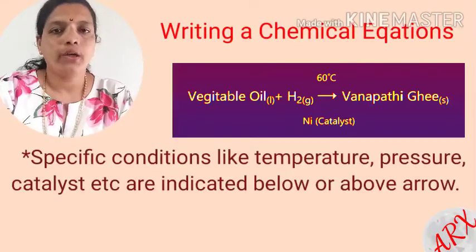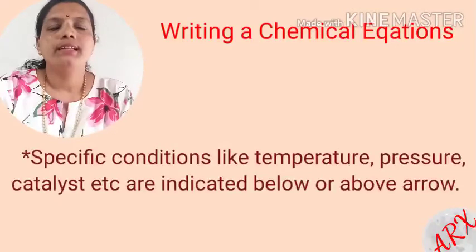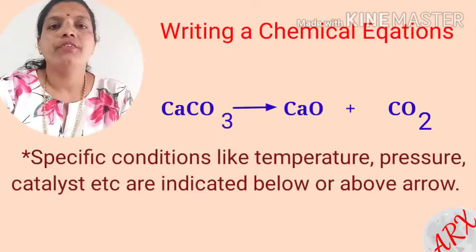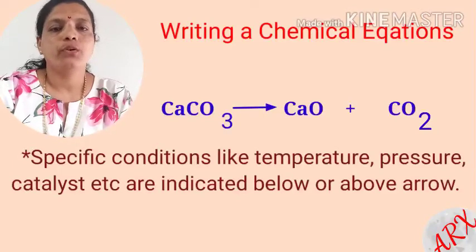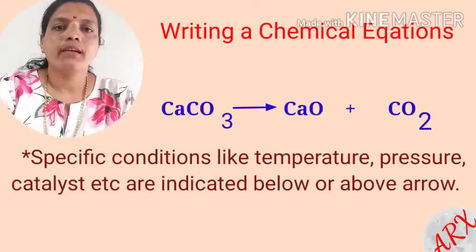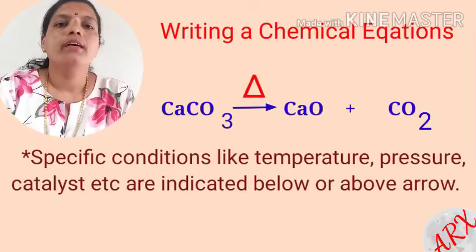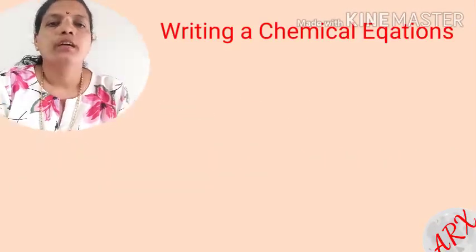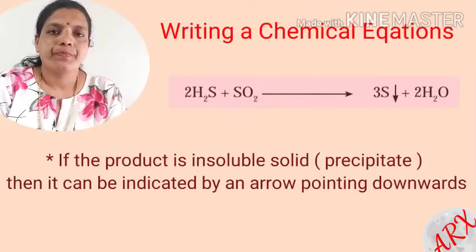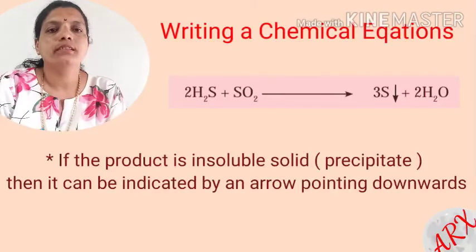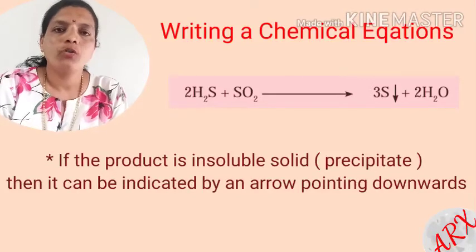Next point, if a specific condition is required like heat, pressure, catalyst, then these specific conditions we have to mention above the arrow. For example, CaCO3, if heat is supplied, gives CaO plus CO2. So heat supplied is represented by the sign triangle on top of the arrow. If the product is insoluble in water, then the precipitate is denoted by a downward arrow.